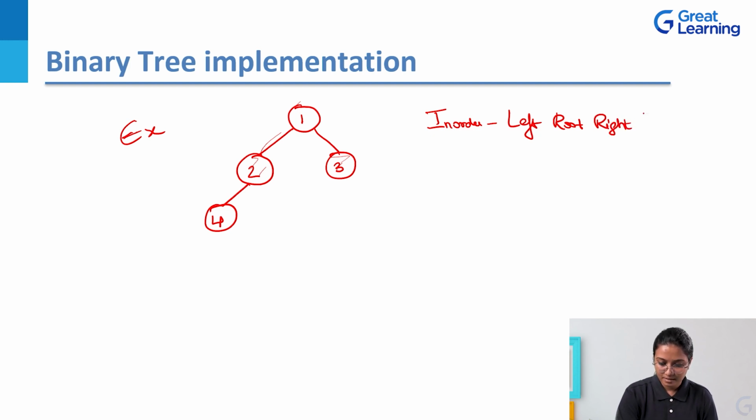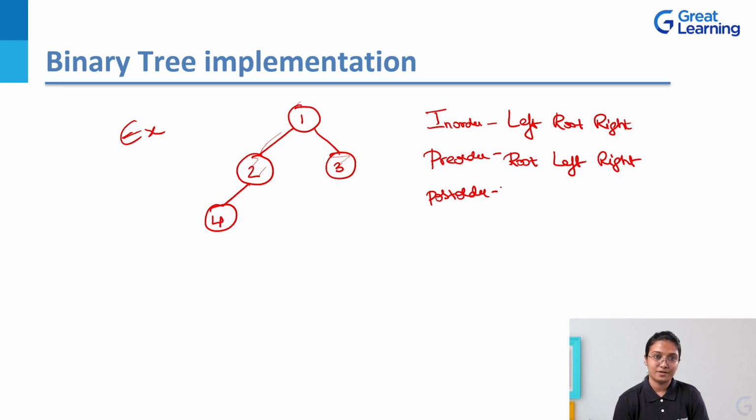Then we have the next one, pre-order. How does pre-order work? It has the same rule, but in a shuffled manner. First you visit the root, then you visit the left side of the tree, and then you go towards the right side. Hope that's clear, right? And the last one left is post order.